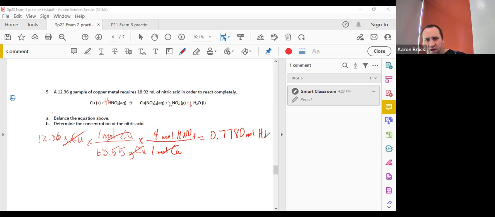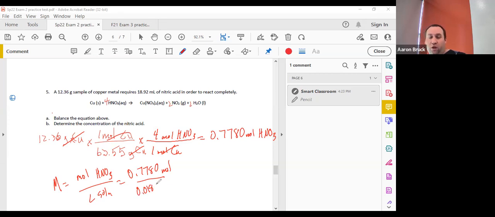moles of nitric acid. To turn that into concentration, remember, it would be moles of nitric acid over liters of solution. So moles, 0.7780. 18.92 milliliters is 0.01892 liters.